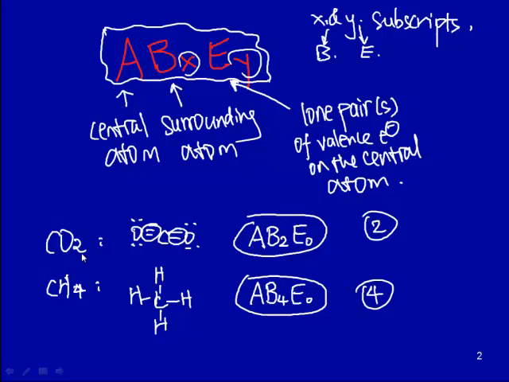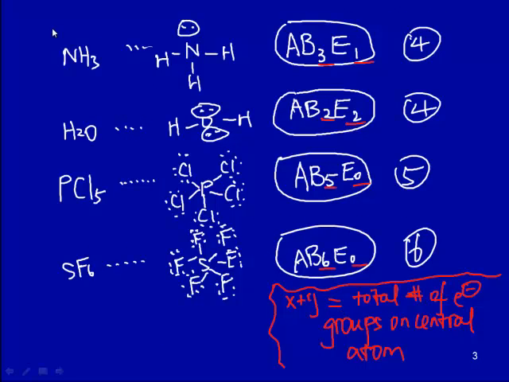As you can see here, carbon dioxide will be AB2E0, the total number of electron groups will be 2. CH4, methane, will be AB4E0, the total number of electron groups will be 4, and the list goes on.